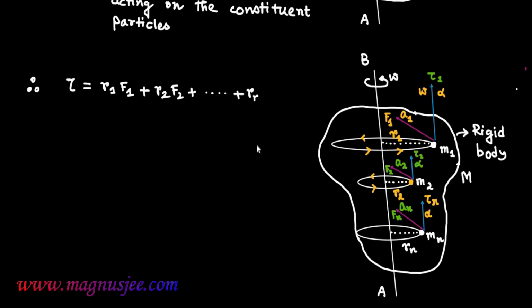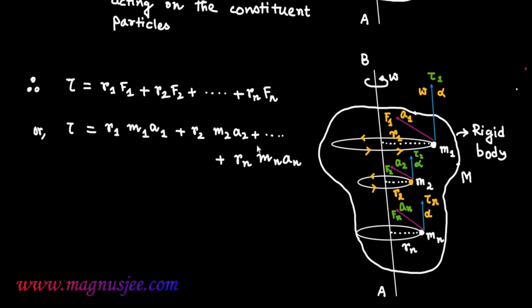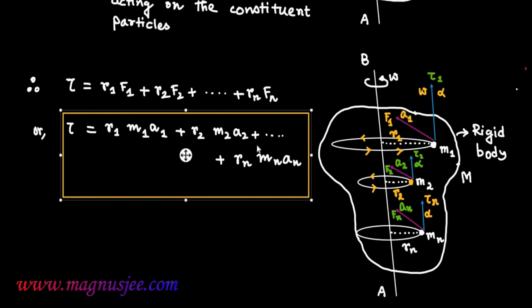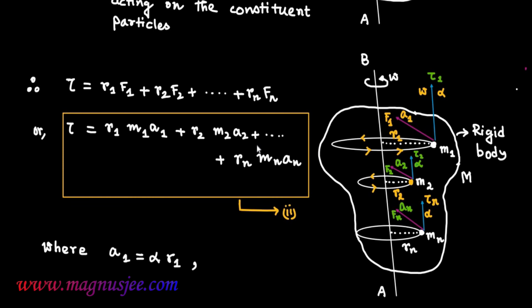Therefore, tau equal R1 F1 plus R2 F2 plus Rn Fn. In place of force F1 we can write M1 A1, mass into acceleration, plus R2 M2 A2 plus Rn Mn An. That is the expression of the total torque acting on the rigid body, which is equation 2, where A1 is the linear acceleration, the product of angular acceleration and the perpendicular distance.